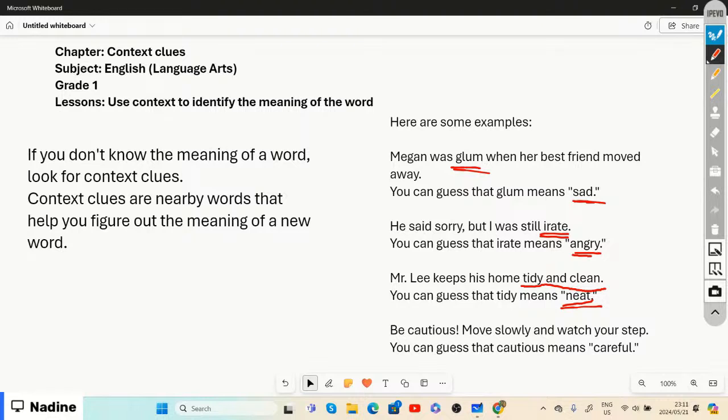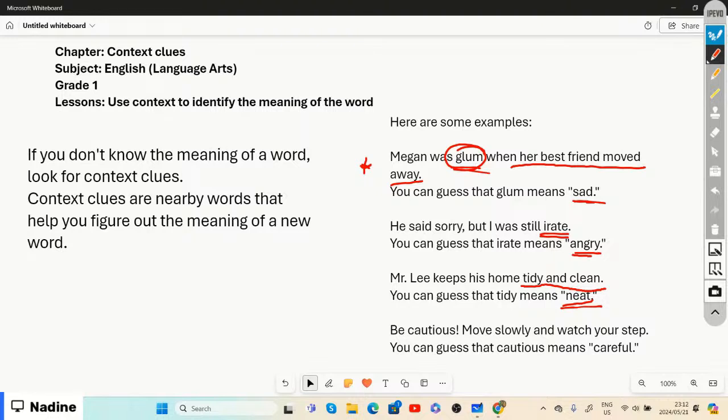If we look at the first one, it says Megan was glum when her best friend moved away. If you think how you would feel when your best friend moves away, of course you'll feel sad. So glum gives us an indication that it's to do with feeling sad.